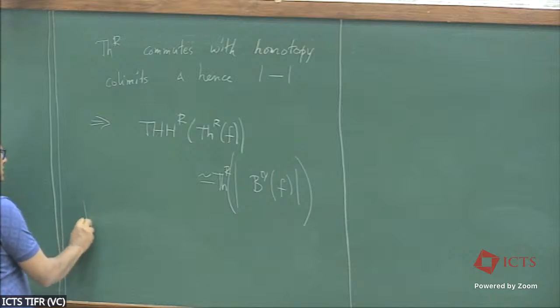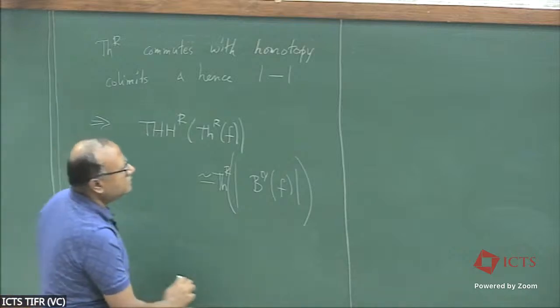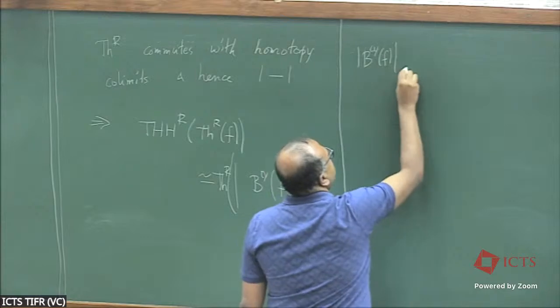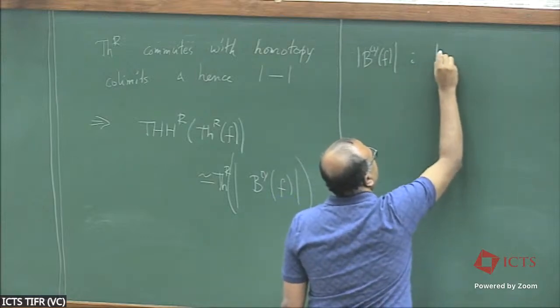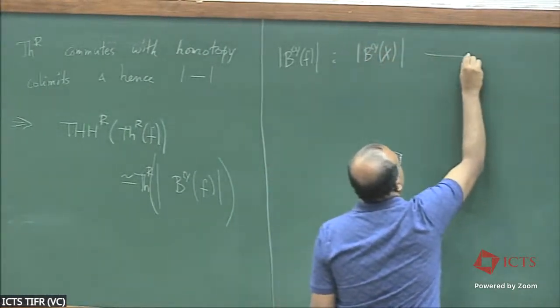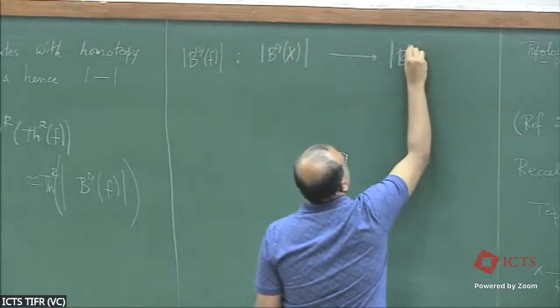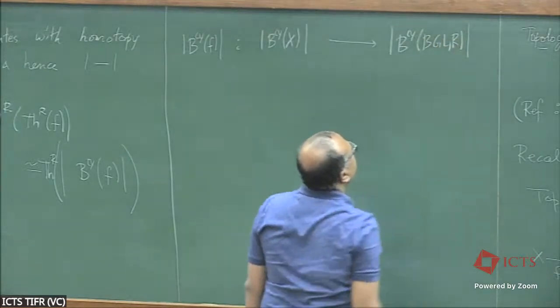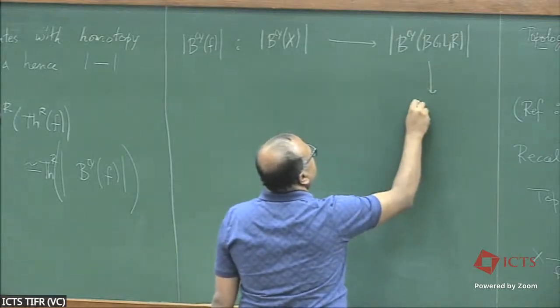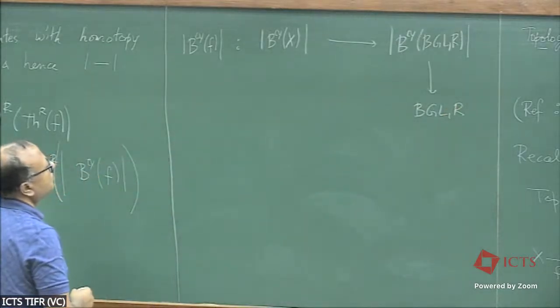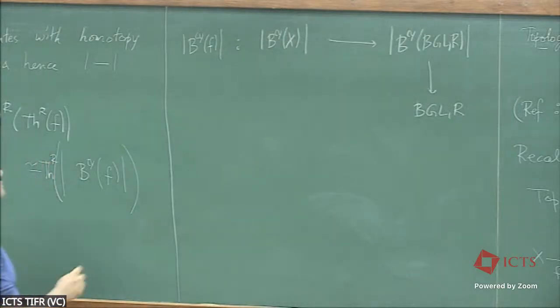This one is the realization, this goes from the realization of the cyclic bar construction of X to the realization of the cyclic bar construction on BGL1 R. Good. So this composite is the map BCY of X.